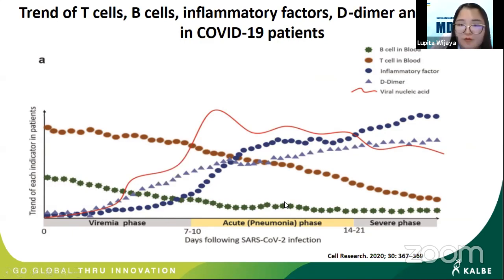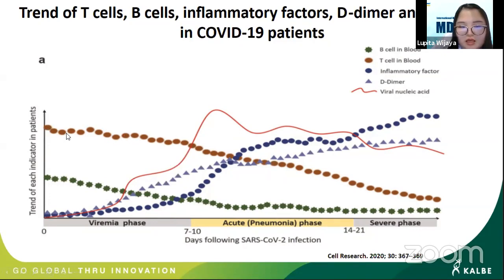The second is the acute or pneumonia phase, between 7 and 14 days after exposure. And the last one, when our immune system can no longer cope with the virus, is the severe phase, at days 14 until 21.